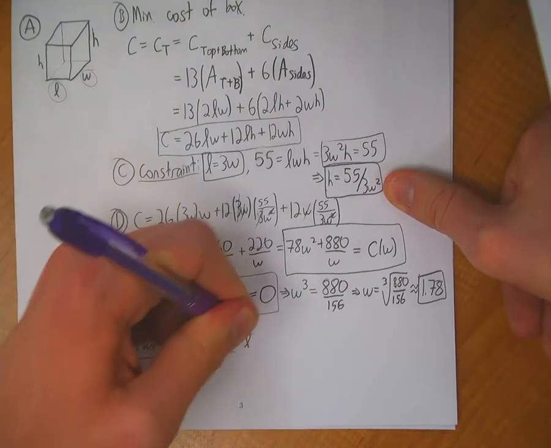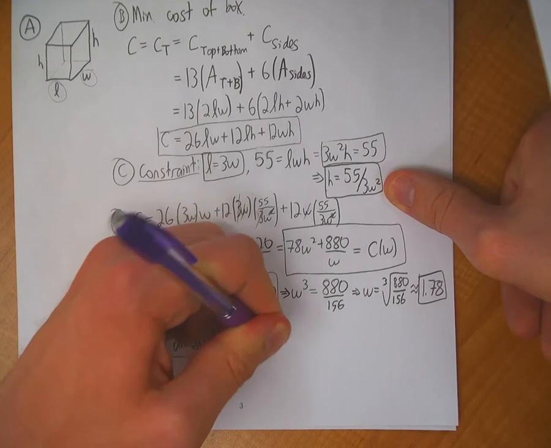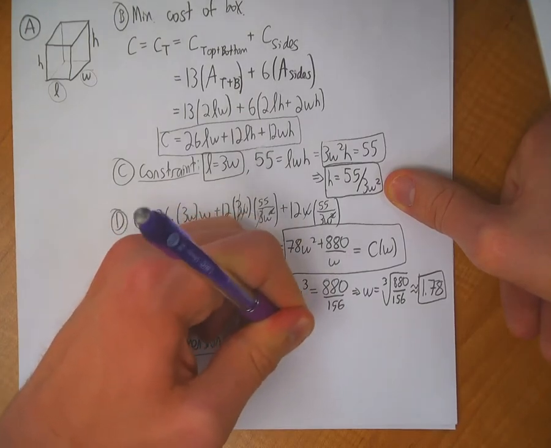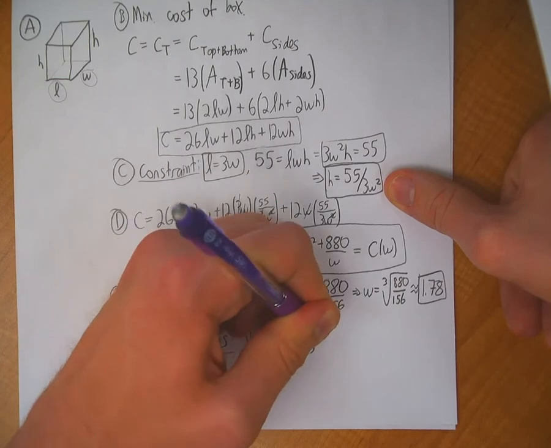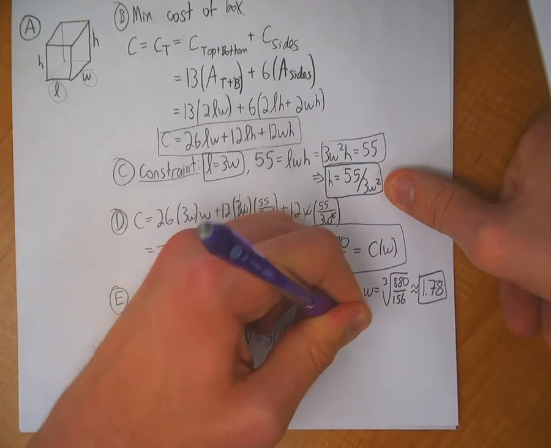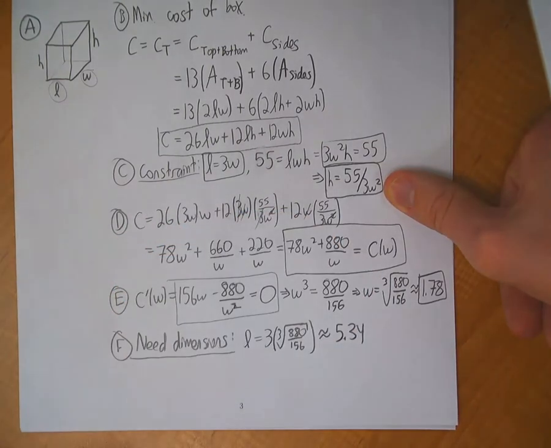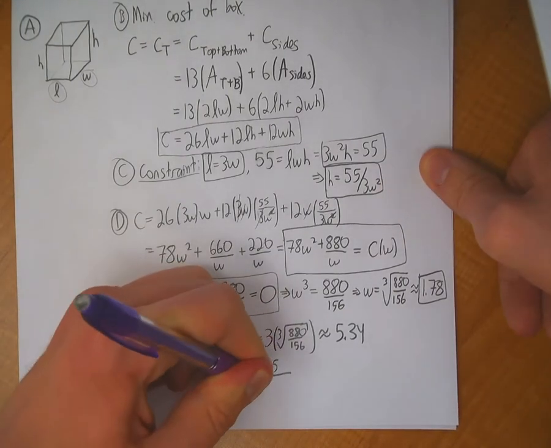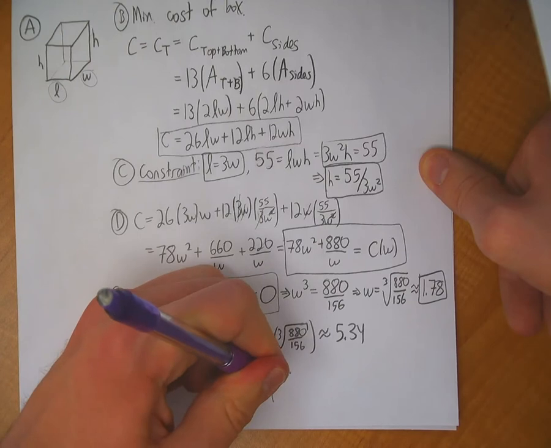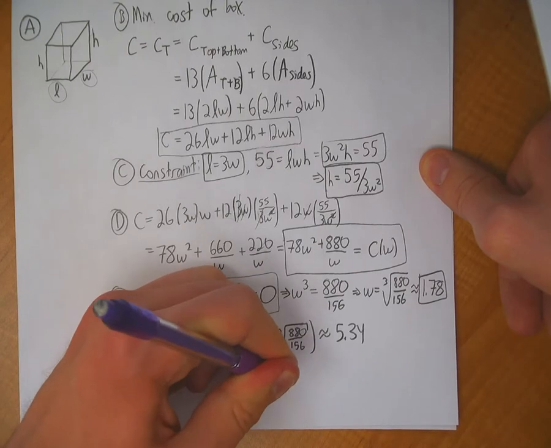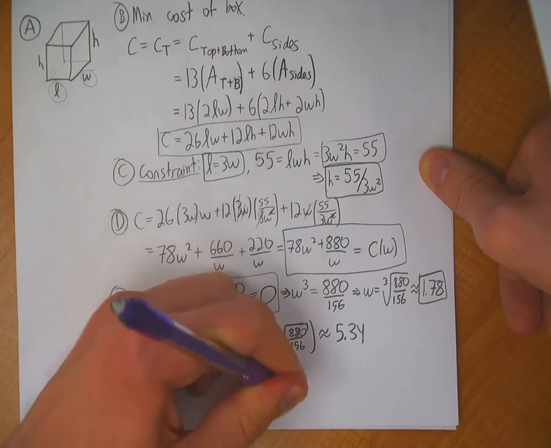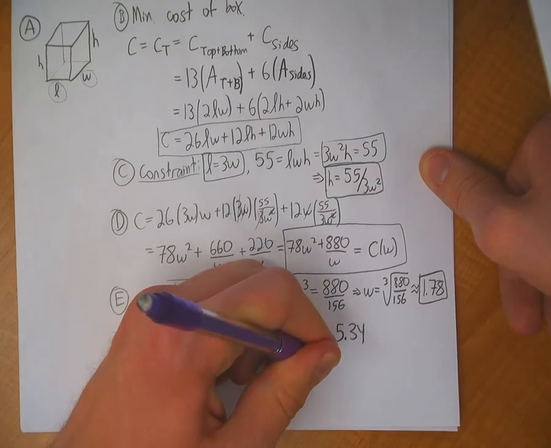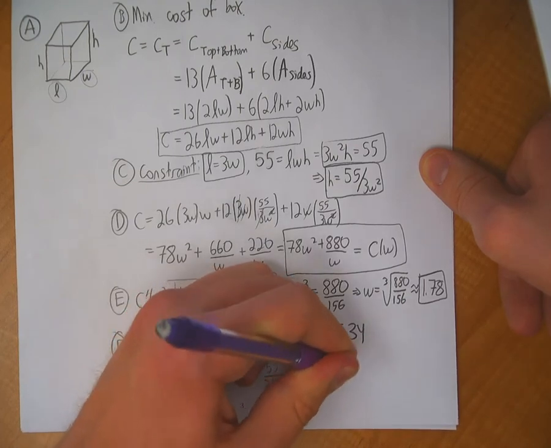So if we have L equals 3 times W, which is the cube root of 880 over 156, that's just approximately 5.34. And H, meanwhile, is just 55 over 3 times the cube root of 880 over 156 squared. So plug that into a calculator, you should end up with 5.79.